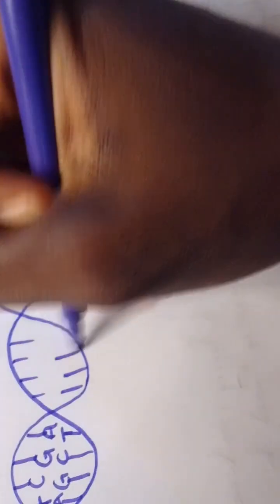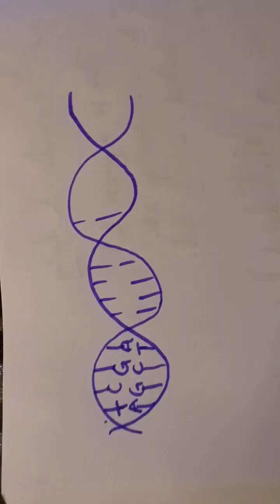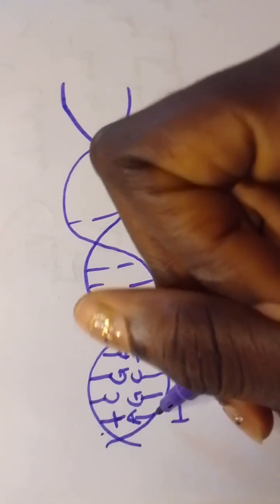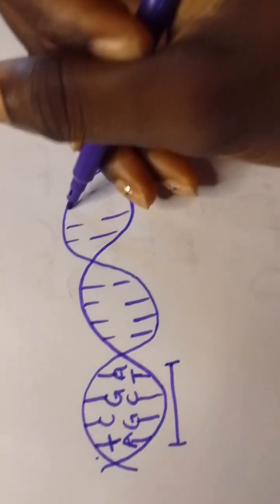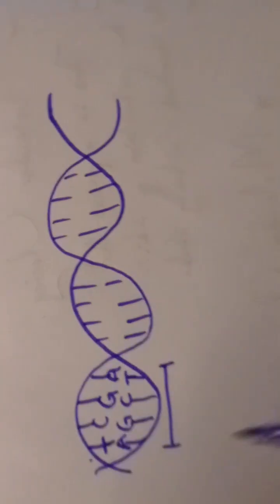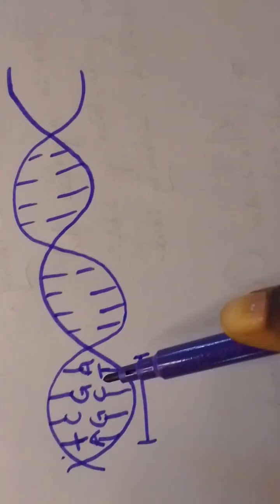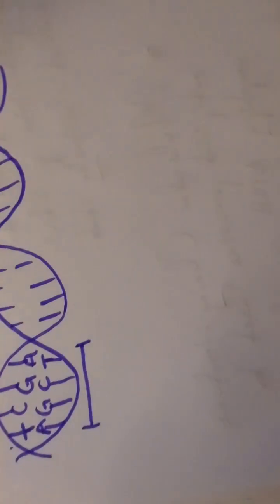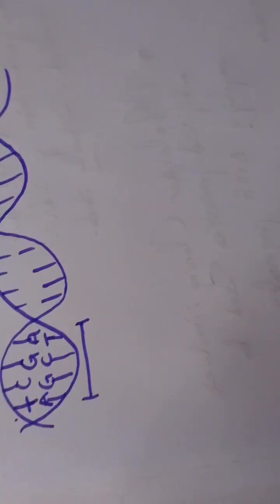Now, for molecular cloning, we are making more copies of specific segments of the DNA. For example, we might want to take out this segment, this AGCT, and make more copies of it because that's our gene of interest. Now, to isolate our gene of interest, to bring it out from here, we'd have to use certain substances, certain enzymes.